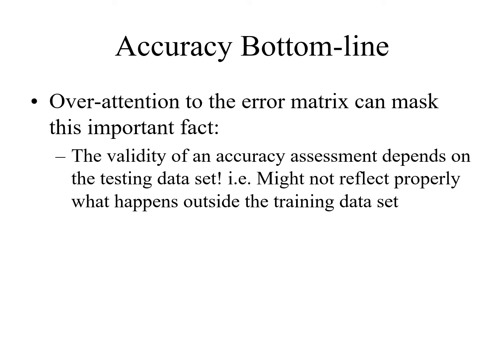There's one other thing I want to remind you of, and that is the accuracy assessment is only done on the testing data set. Okay, that's the gold standard, is having a separate testing data set that has not been influenced by the training data set and is therefore immune from any random errors that you might get in the training data set.